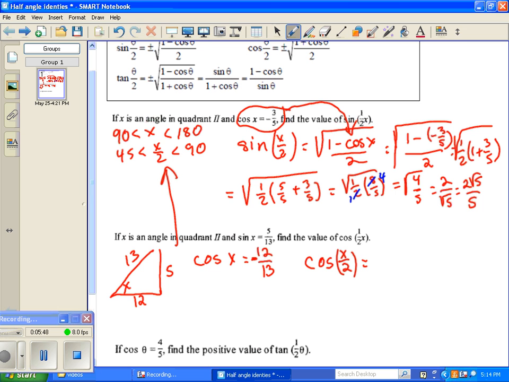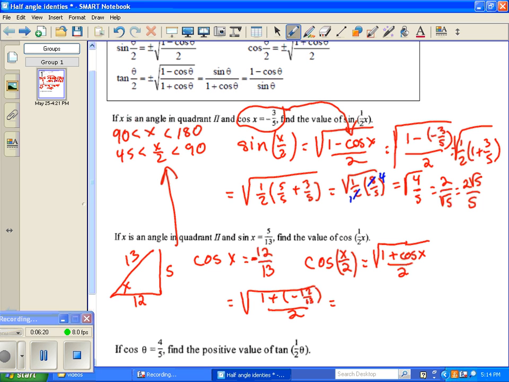So again, we're using the positive root. So let's write this down. So square root of 1 plus cosine of x over 2. I just used that equation from above. Okay, so I just plug in what I know. So square root of 1 plus, now my cosine of x is negative 12 over 13, and the whole thing is over 2.